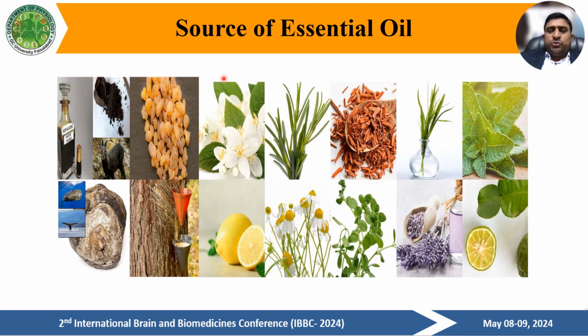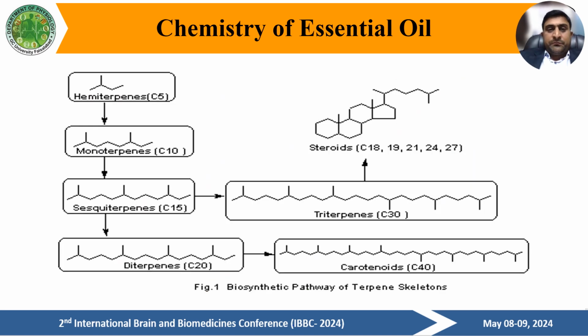There are different sources from which we can extract essential oil, like from the leaves, the peel, flowers, stems, dry plant wood, woody material, and also from oleoresins and oleogum resins, and also from animal sources like musk deer and amber whale.